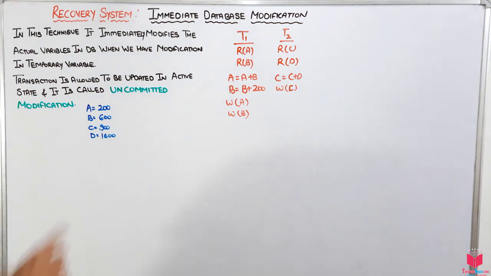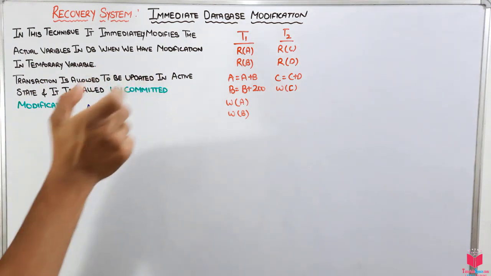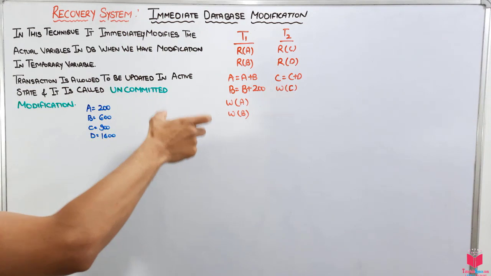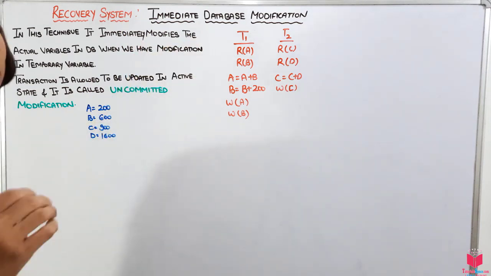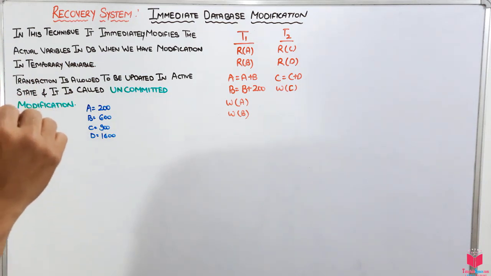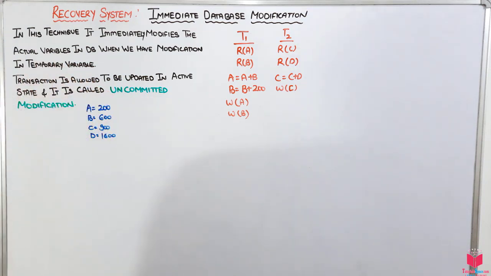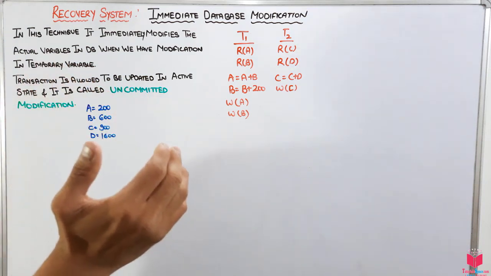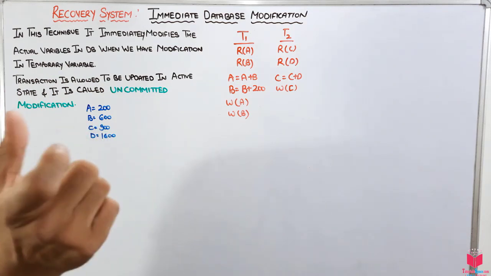That means it immediately updates the value. It will not wait for the end of the transaction. As soon as we get that instruction of modification or write operation in this transaction, it immediately goes to the database and changes that variable.